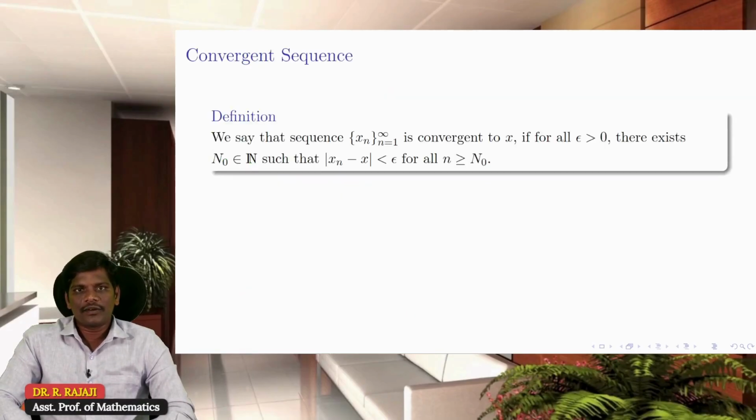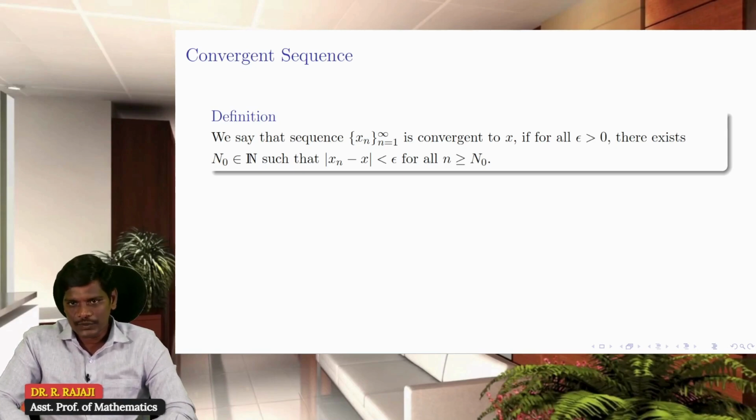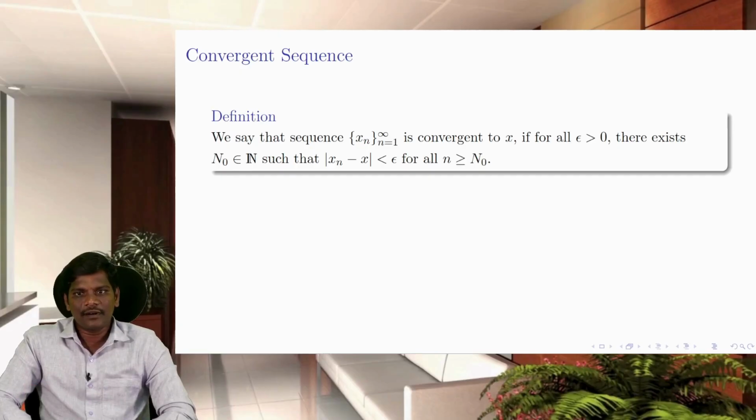Next we are going to see convergence of a sequence. Definition: we say that a sequence xn is convergent to x if for all epsilon greater than 0 there exists n naught in the natural numbers such that modulus of xn minus x is less than epsilon for all n greater than or equal to n naught.